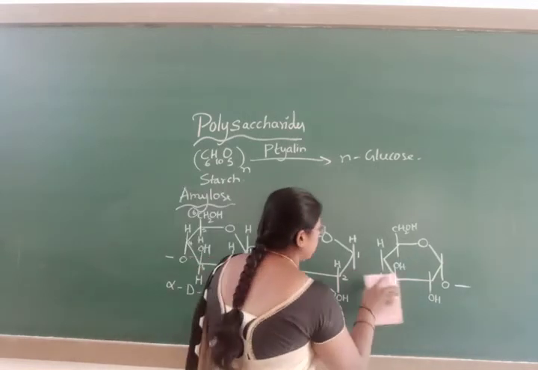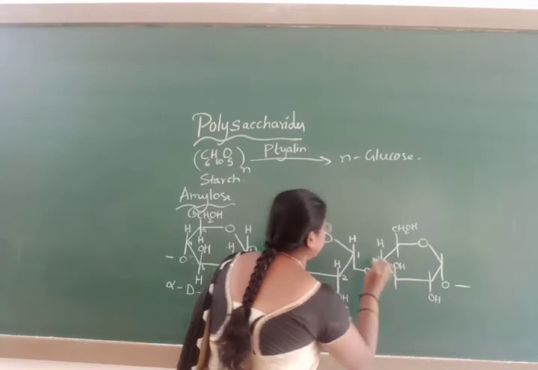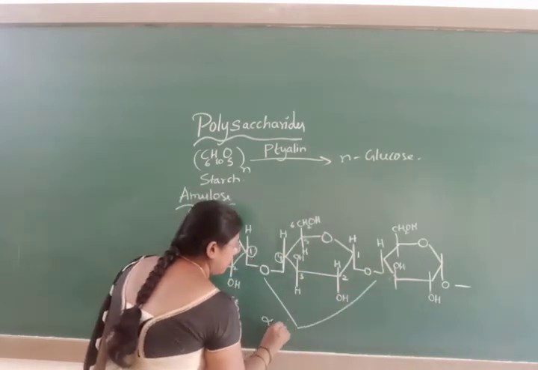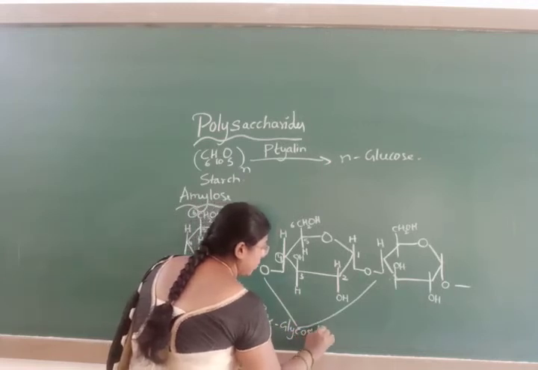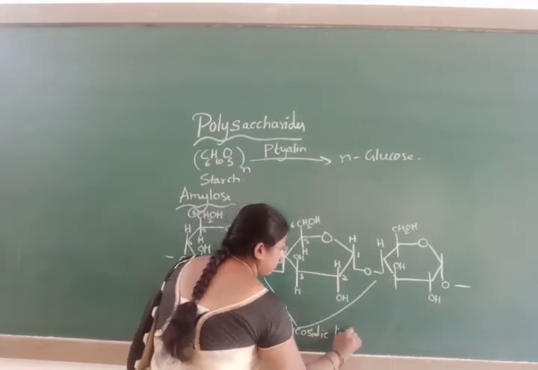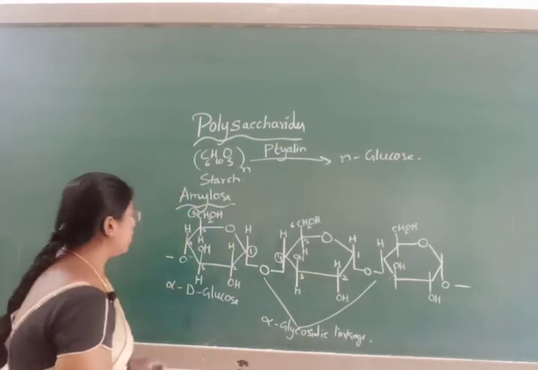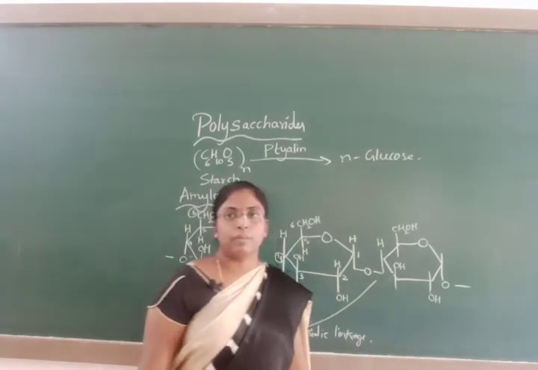N number of alpha glucose units, they are combined together by what type of linkage this one? Alpha glycosidic linkage. So here continuously there will be a linear chain polymer of alpha glucose units.